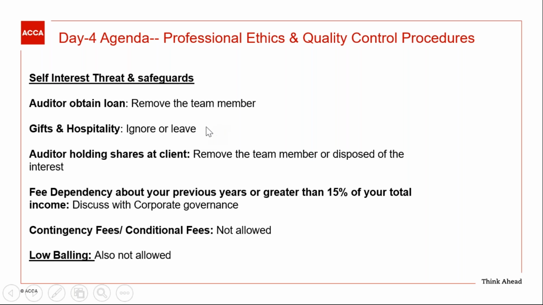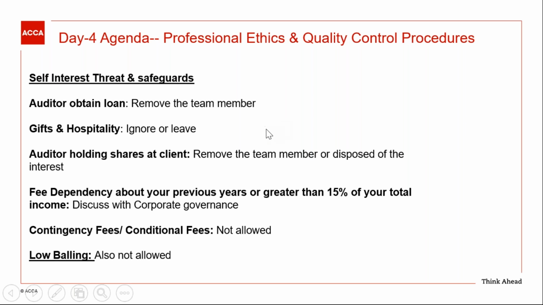So Section A is a 30-mark section. Ethics can be tested in Section A, and you can get easily 10 marks.